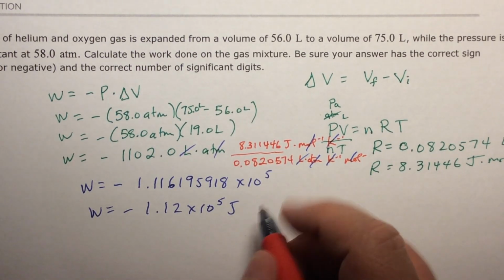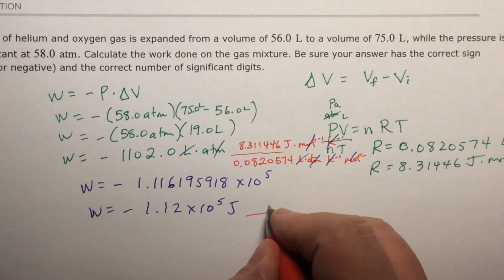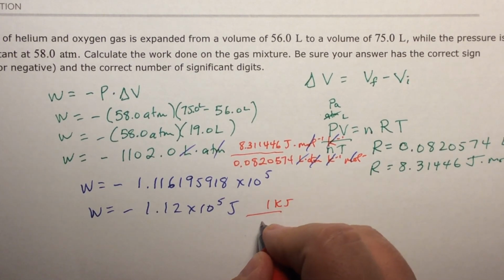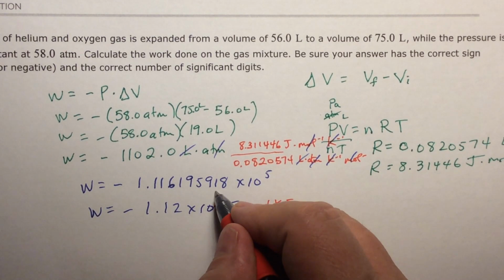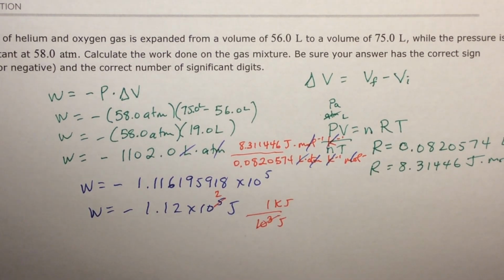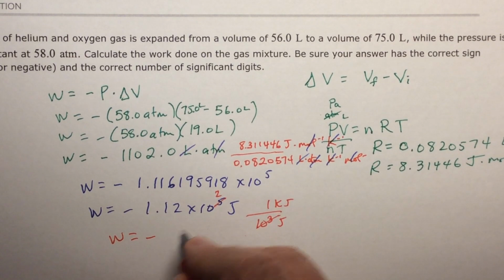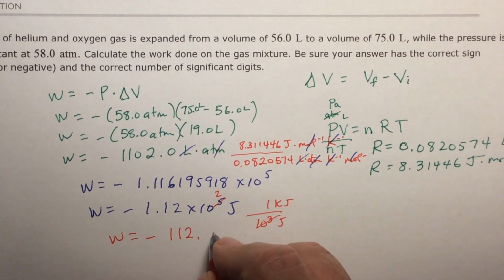In 1 kilojoule there are 1,000 joules. The 3's cancel, leaving 2, so I have 1.12 times 10 to the 2. You end up with work equals minus 112 kilojoules.